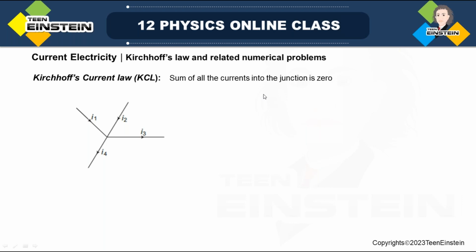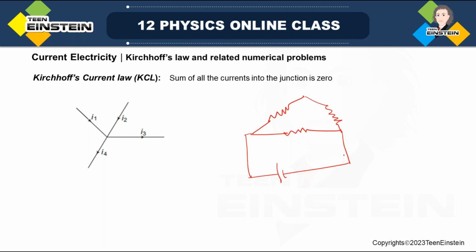Generally, when we have a circuit and we have to find out current through that, suppose I have multiple resistances, and maybe a battery is connected at these two ends.